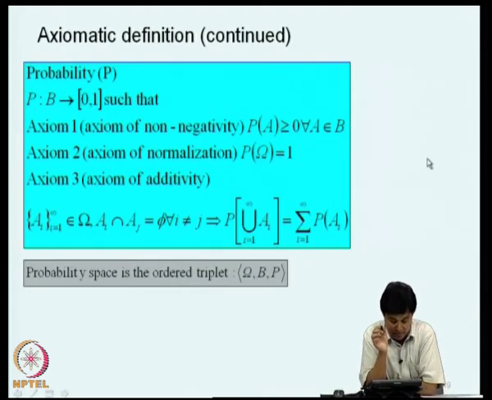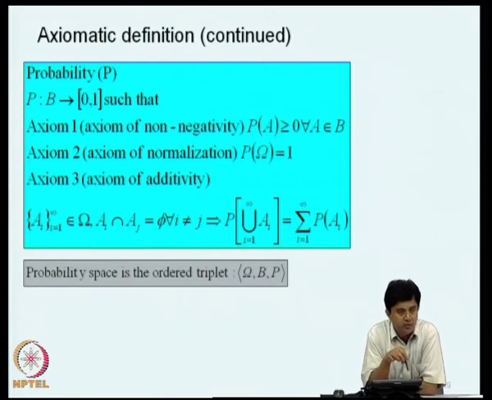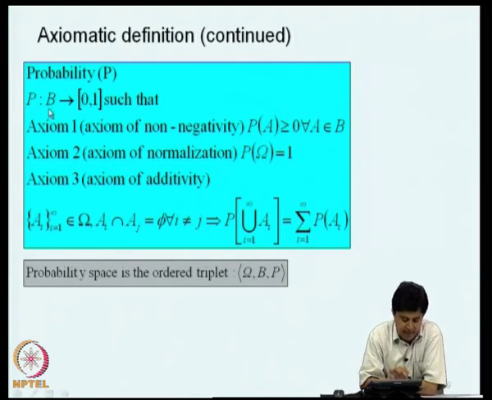Now we have introduced a random experiment, a sample space and an event space. Now we introduce the so called probability measure P. For every element in B we assign a number between 0 and 1 such that there are 3 axioms that will be obeyed.